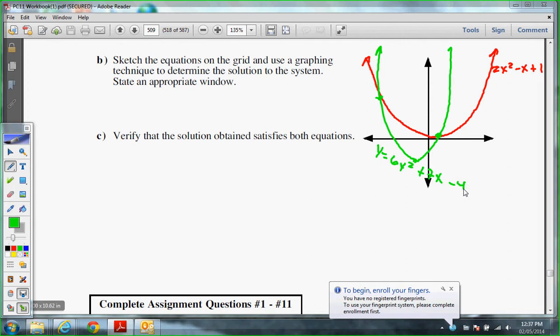Okay, so that's kind of what your picture should look like. And then we know that this right here is going to be your negative 5 halves, 16. This right here is your 1/2, 1.